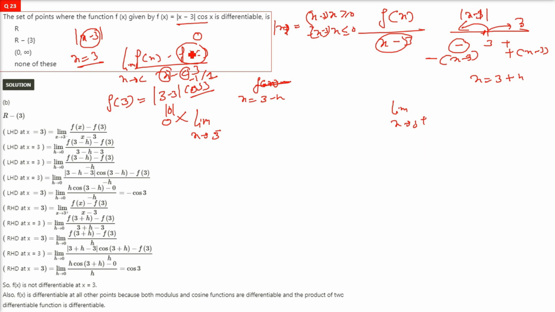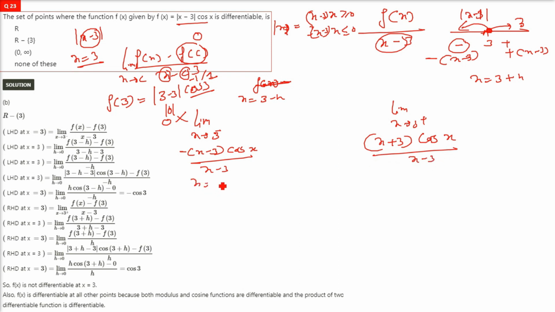So this is the left-hand derivative and right-hand derivative, and we'll just see whether they are equal or not. If the LHD and RHD are not equal, we'll say it is not differentiable. So I'm replacing with negative (x minus 3), cos x remains like that, we'll replace x by 3 minus h in a short while. On the right, it is going to be positive (x minus 3), because we have opened the modulus, and in this cos, in place of x, we'll put x only, and in the denominator you have x minus 3.